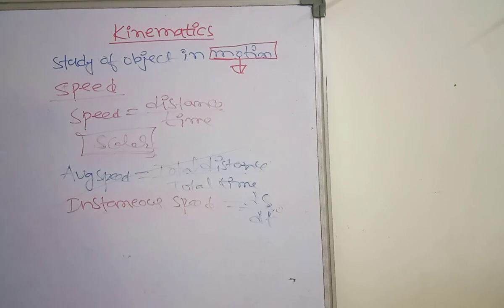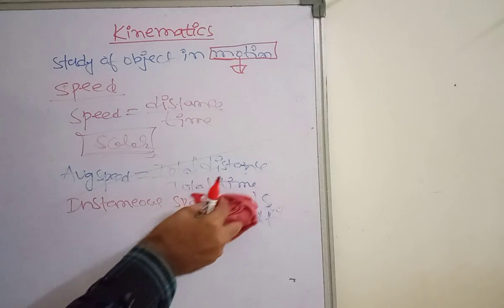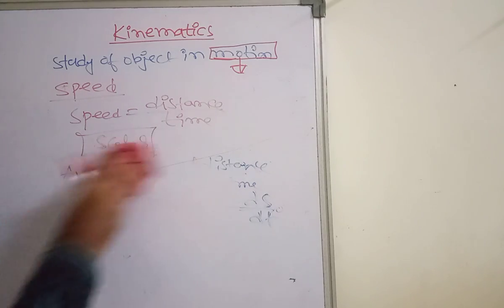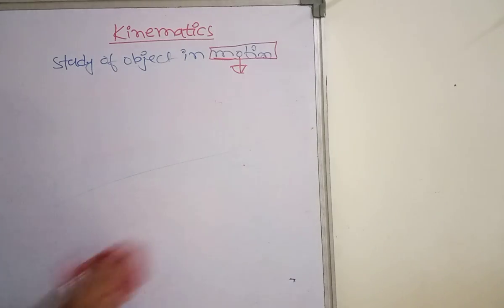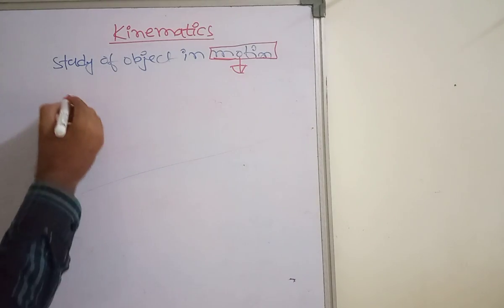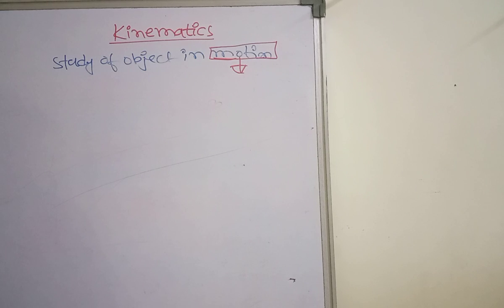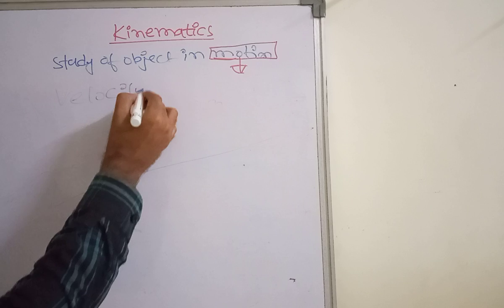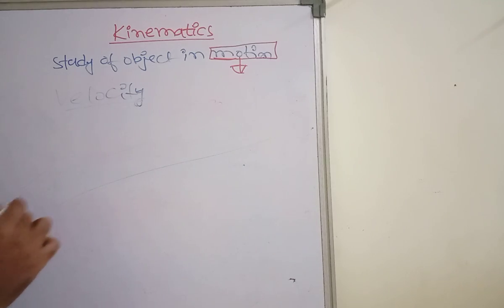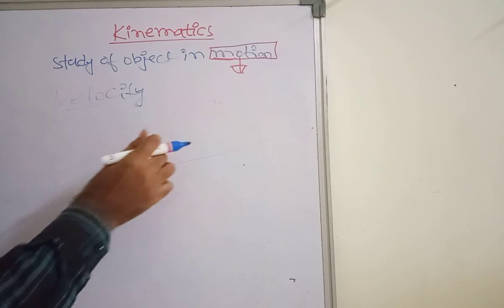Next, what is velocity? The rate of change of position of an object is called velocity.